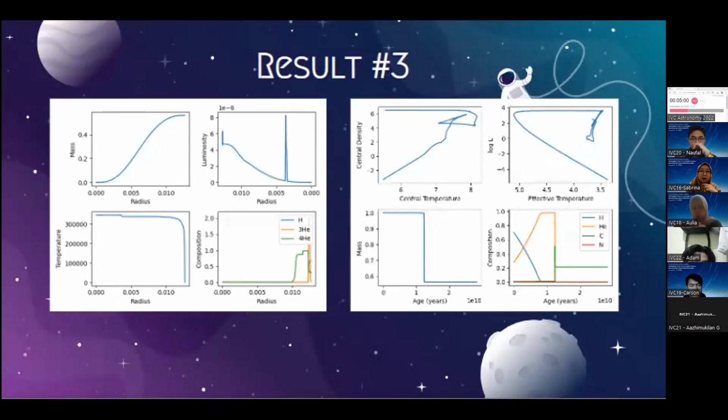We can summarize what happened at the core of the star from the history plot here on the right side. It is easier to see the stellar evolution from the nuclear reaction standpoint. We can see that there is a change in the main chemical properties in the core. At first, we have the PP chain reaction, as mentioned before, indicated by the increasing composition of helium in the core.